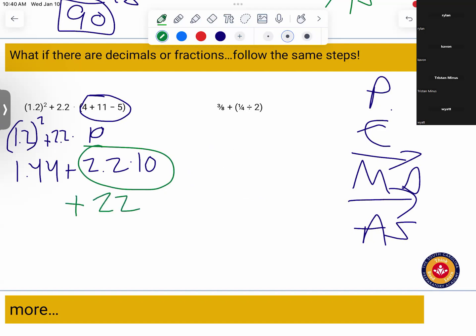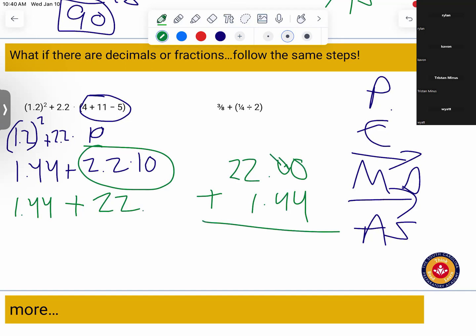So 22 plus 1.44. Again, I would not recommend you do that without writing it out here. So 22.00. You're like, wait, where'd you get the decimal from? The decimal is always at the end of a number when you don't see a decimal. So 22.00 plus 1.44 is going to give us 23.44.